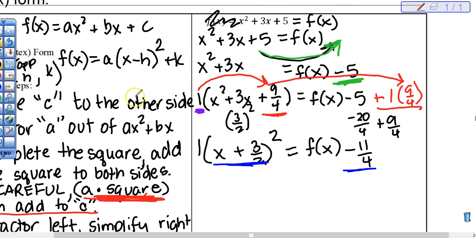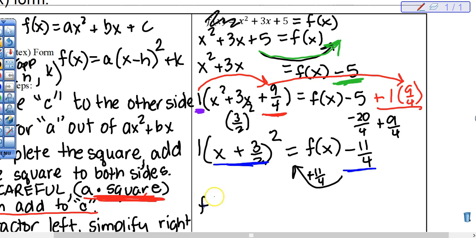Okay, so last step is to isolate the f of x. So I want to reincorporate this number, this constant that I moved off to the other side. I need to reincorporate it because it's now my k term. I need to reincorporate it into the problem. So it's coming back this way, so we'll be adding 11/4 to isolate it.